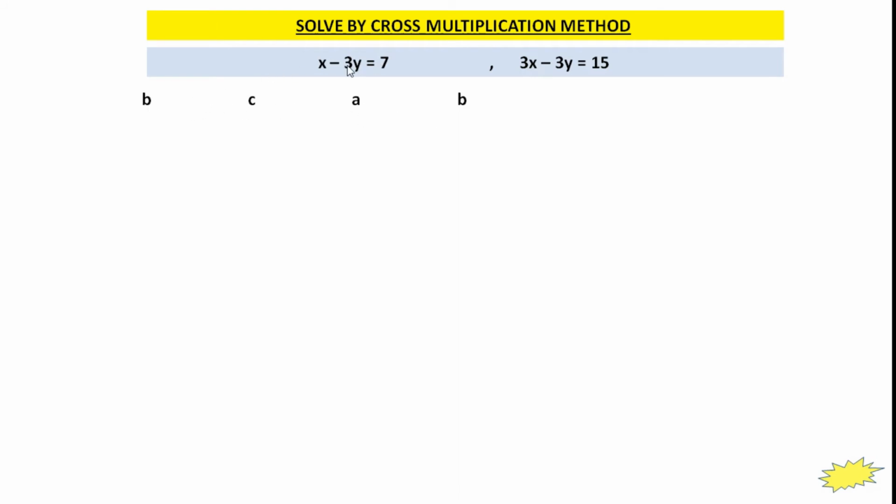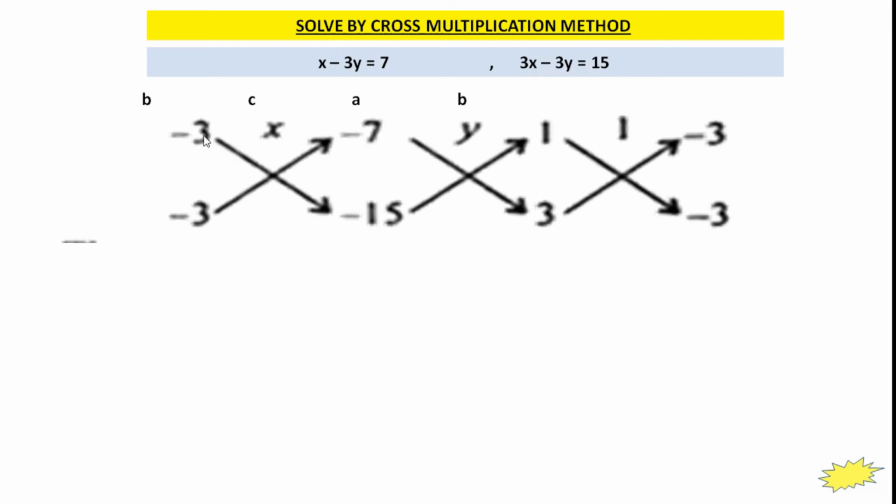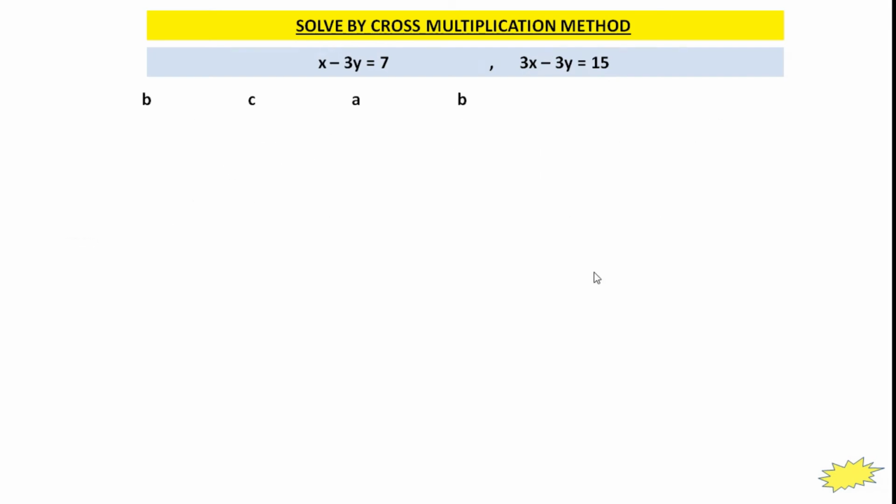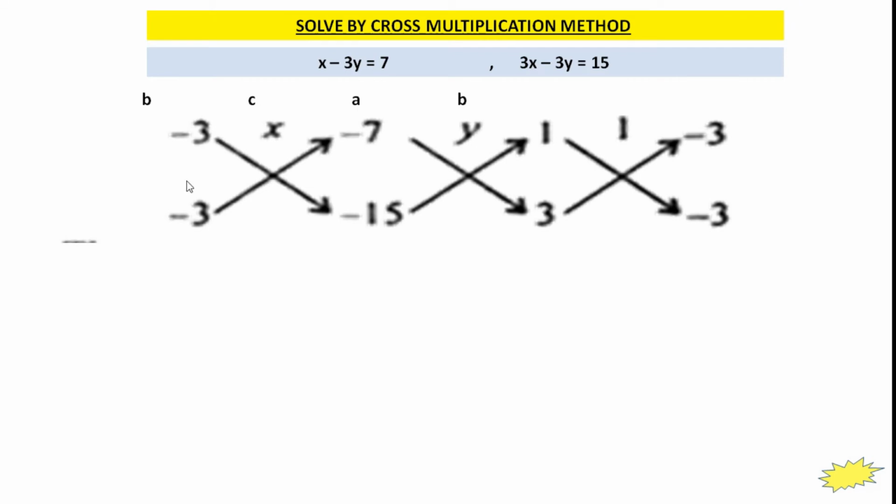B are the coefficients of y, C are the constants, A are the coefficients of x, and again B are the coefficients of y. First you write that in standard form and we write down the coefficients. For these two equations, first write down the coefficients of y, minus 3, minus 3, under B. Then we have C. C is minus 7 and minus 15.